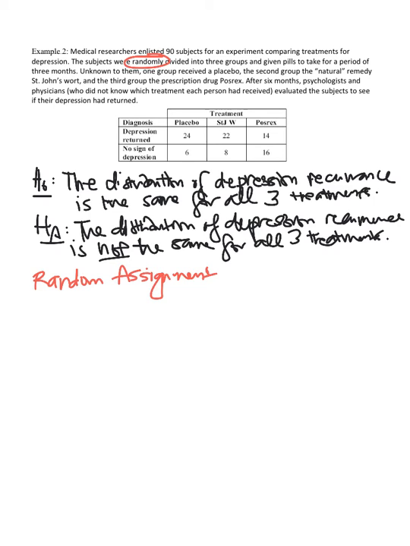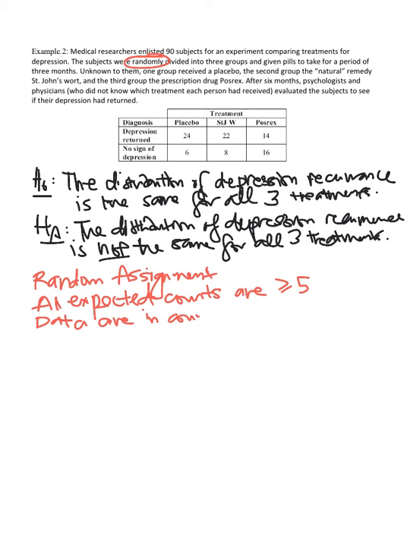So all expected counts, those are the expected counts in matrix B, those are all greater than or equal to 5. So I can say all expected counts are at least 5. And data are in counts.